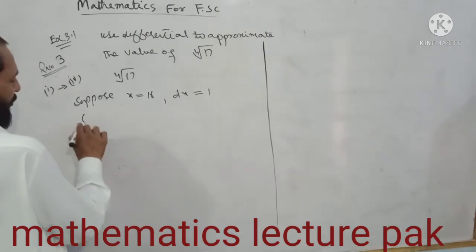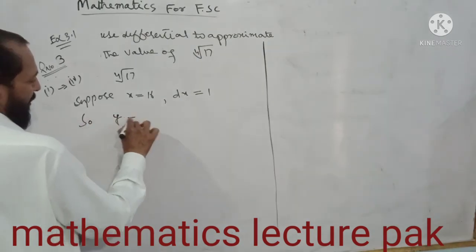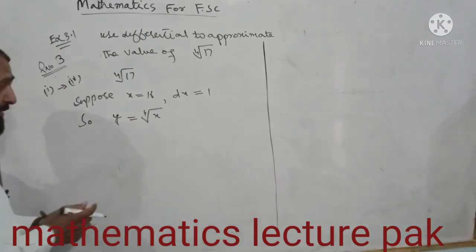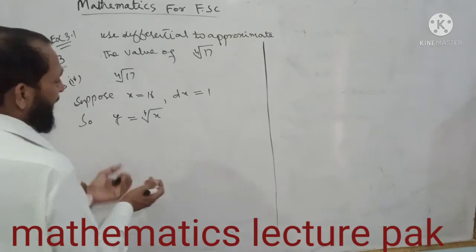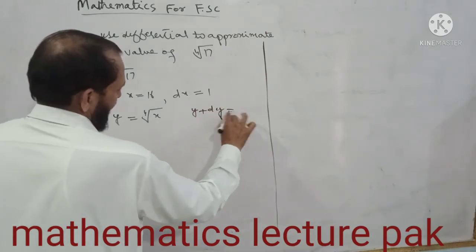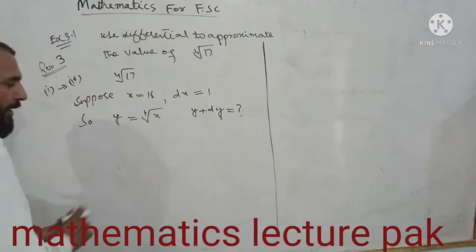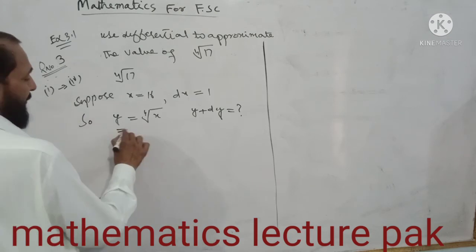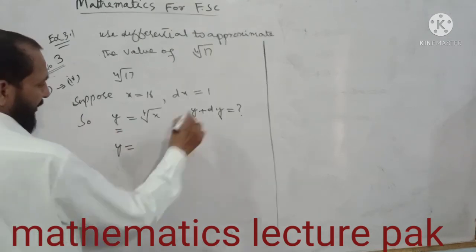So y is equal to the root. After substitution we have this result and we can find the approximate value. For this formula we have to find first this and second this.